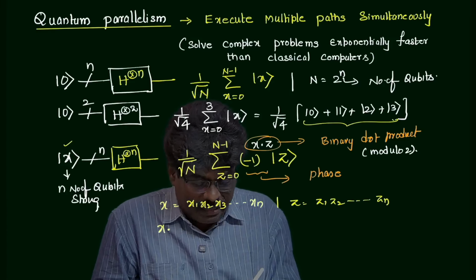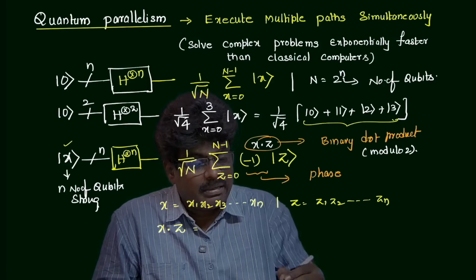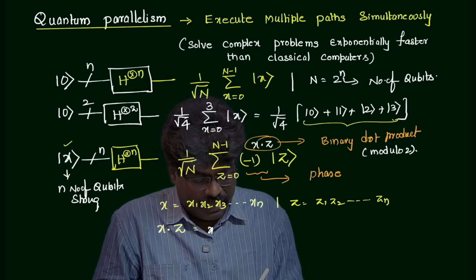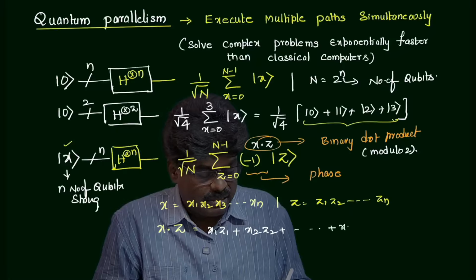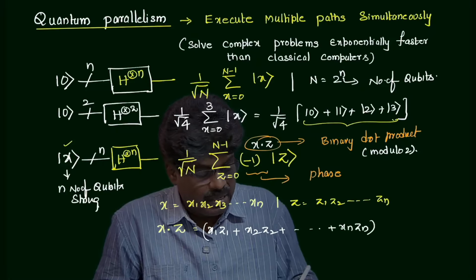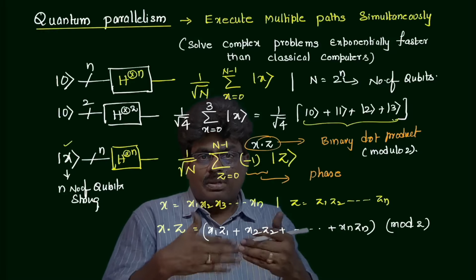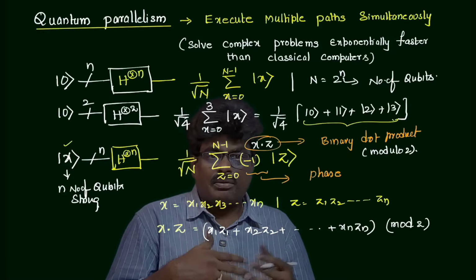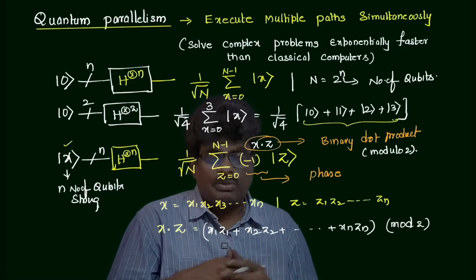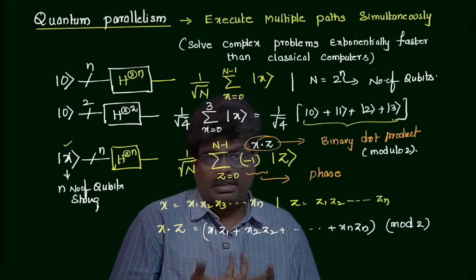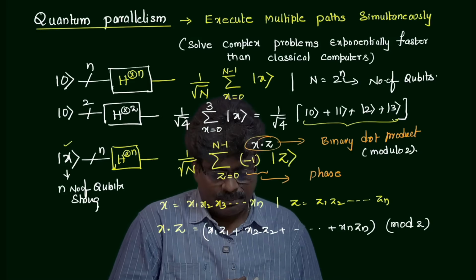If you want to find x dot z, it is x1 z1 plus x2 z2 plus so on plus xn zn. But remember, everything is modulo 2. That means once you have added all the things, whatever you get, you have to take modulo 2. For example, if you get a sum equal to 2, then it is 0. If you get a sum equal to 3, then it will be 1, something like that.